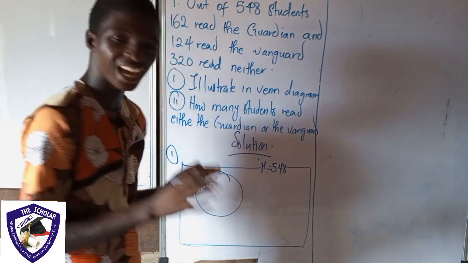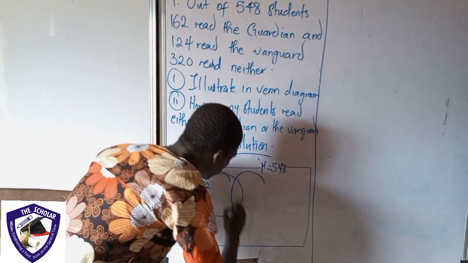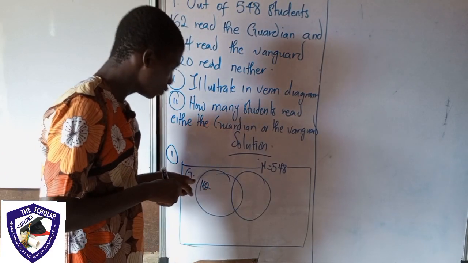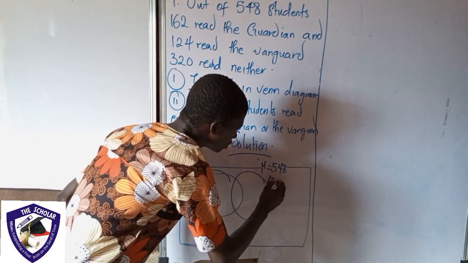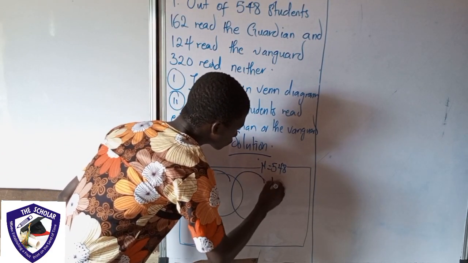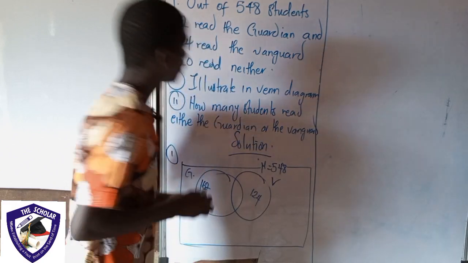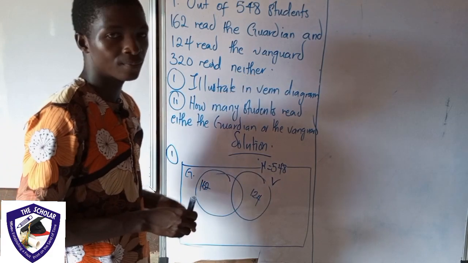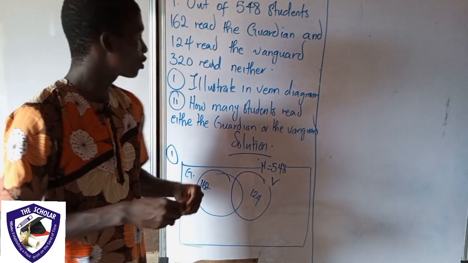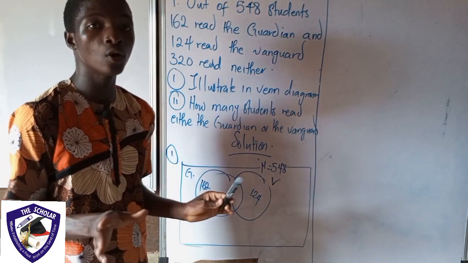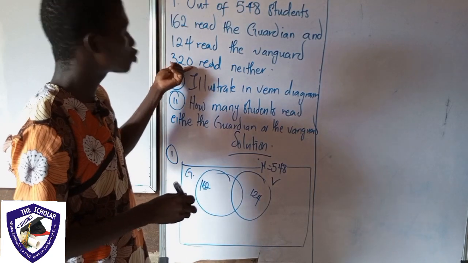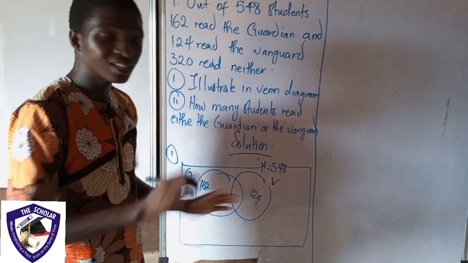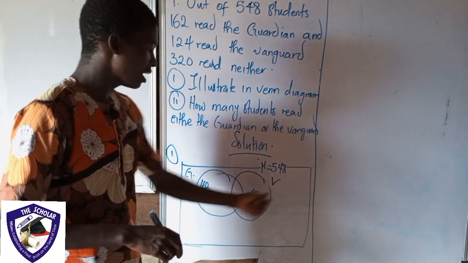That means that is another set entirely, 124, which must intersect with the Guardian. Then after that, I have 320 read neither. Now it's English. When we come across this word neither, it's telling us that we have 320 students who don't read both the Guardian and the Vanguard.